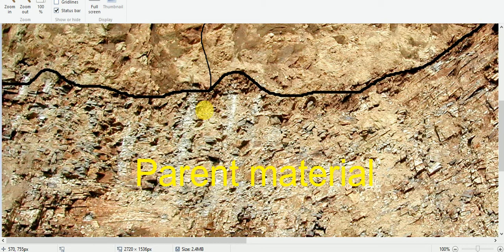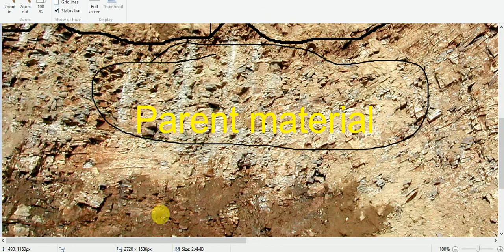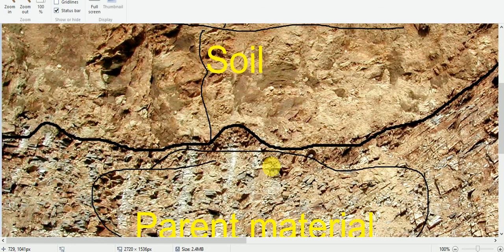From these fragments of rocks soils will be derived, and these materials are known as parent material. And below the parent material you will find blocks of rocks, and those are known as bedrock.